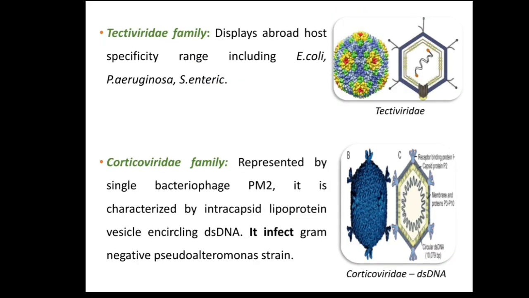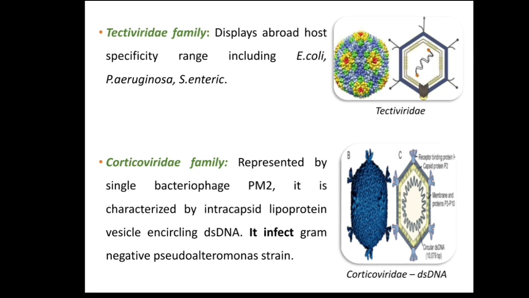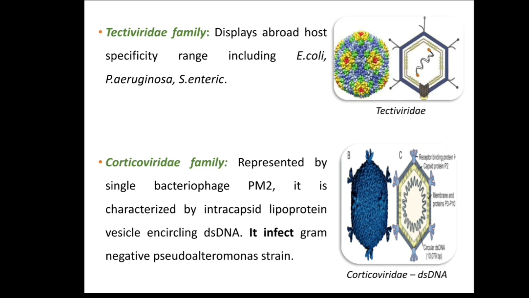In this picture, this is the Tectiviridae family, which displays a broad host specificity range, including E. coli, Pseudomonas aeruginosa, and Salmonella enterica. In the last picture, this is the Corticoviridae family, which is characterized by an intracapsid lipoprotein vesicle encircling double-strand DNA, and infects gram-negative Pseudoalteromonas strains.